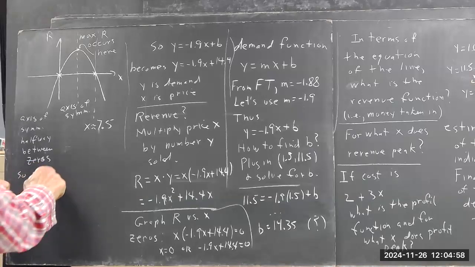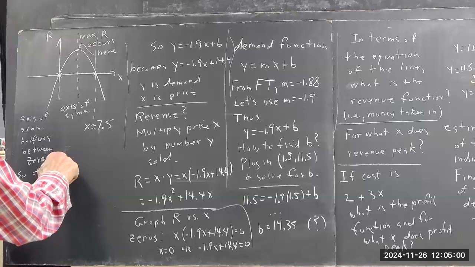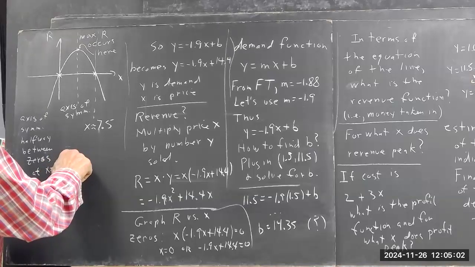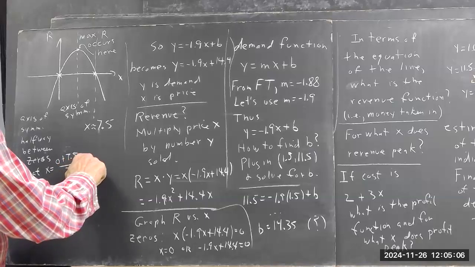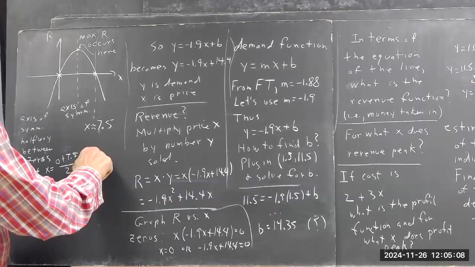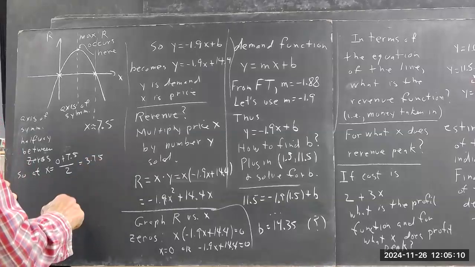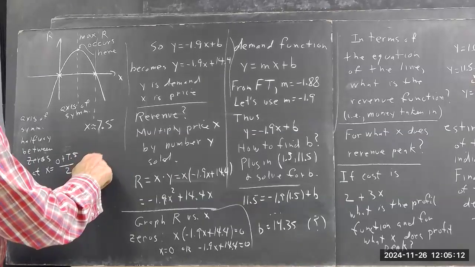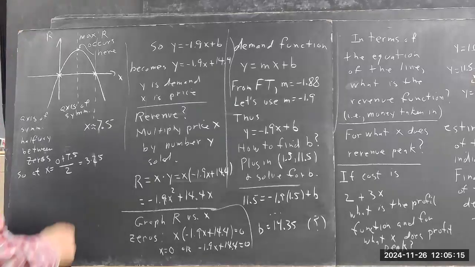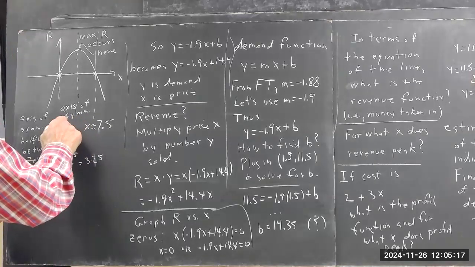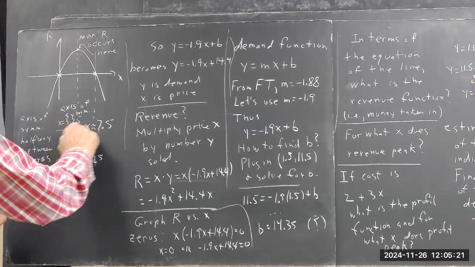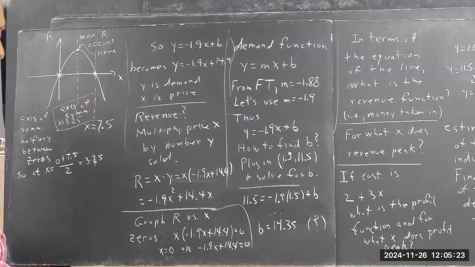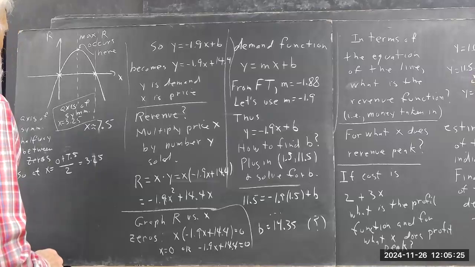So x equals 0 plus 7.5 over 2 equals 3.75. No, 3.25, I'm sorry. Okay, so the axis of symmetry is x equals 3.25.